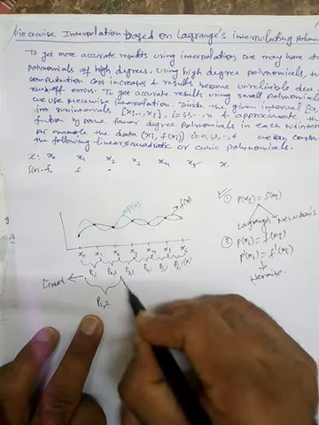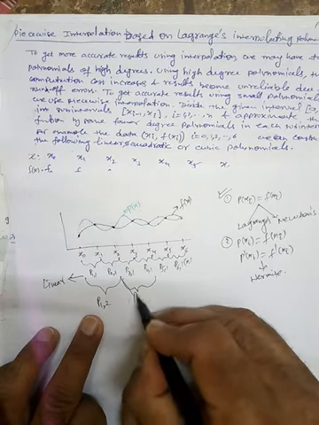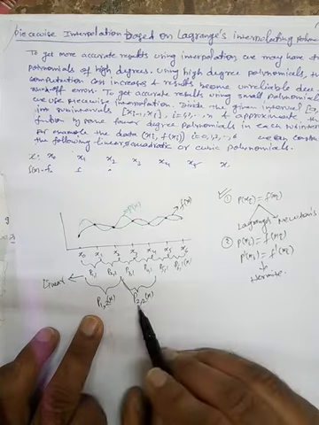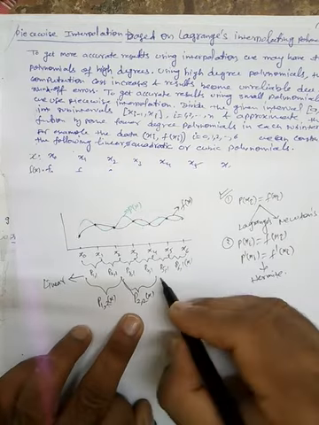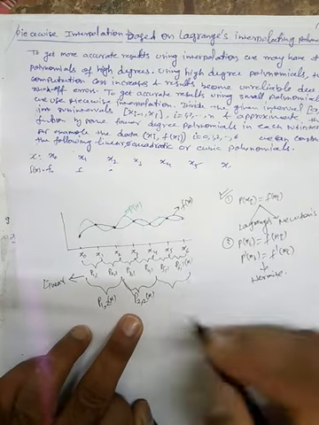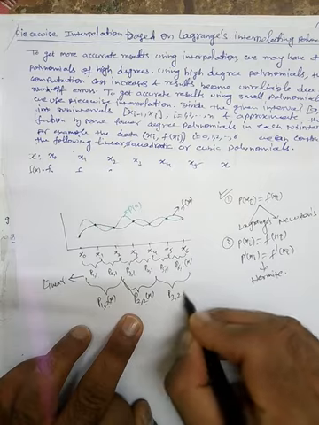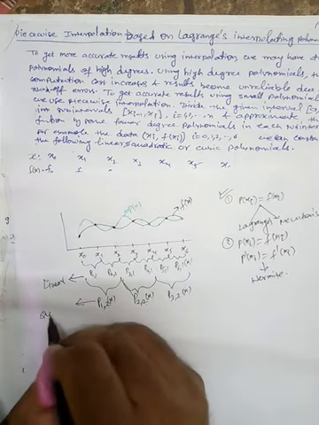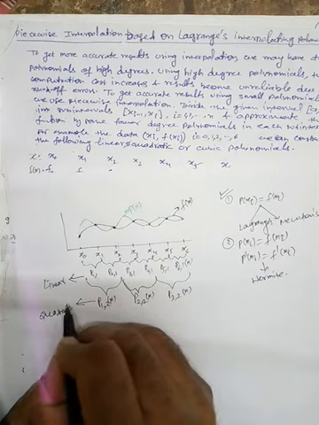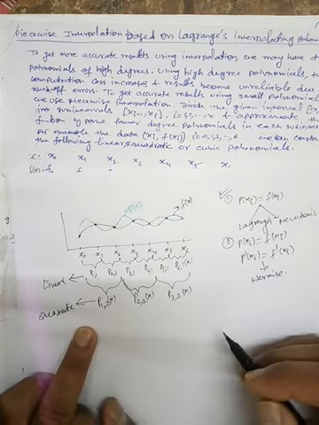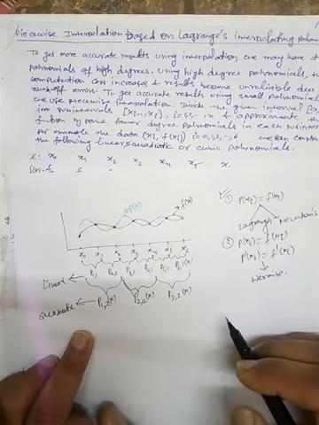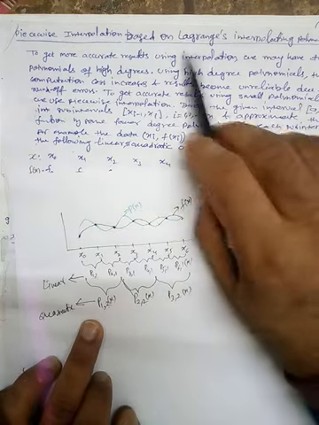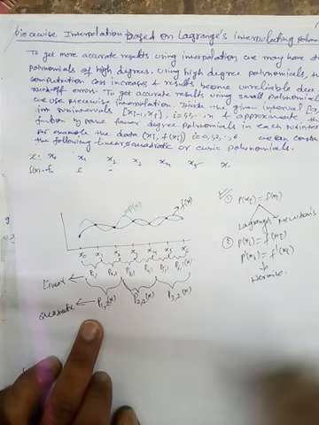Similarly, the next 3 points, P22(x), second polynomial with degree 2, and now join the last 3 points, P32(x). This is piecewise quadratic interpolation.